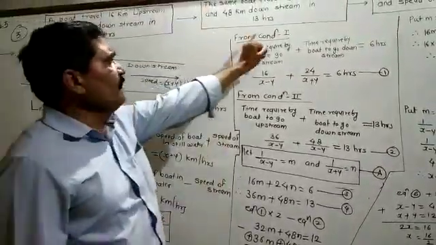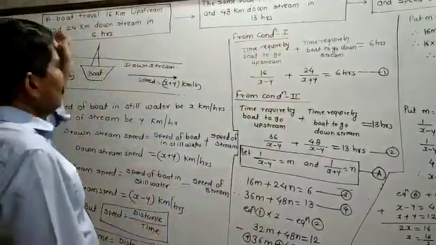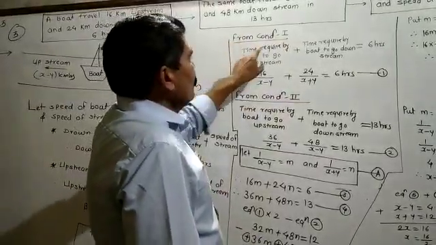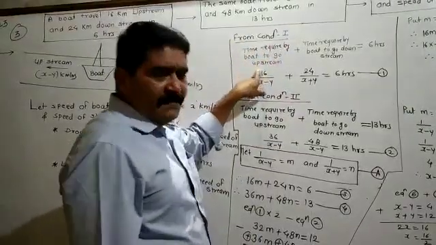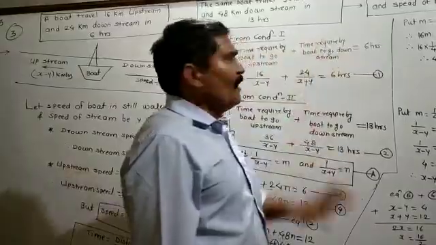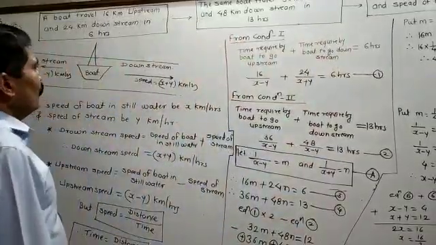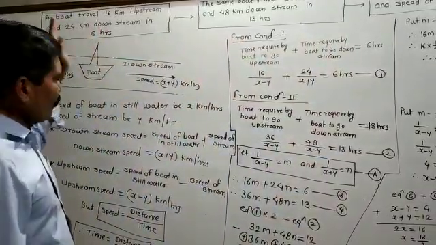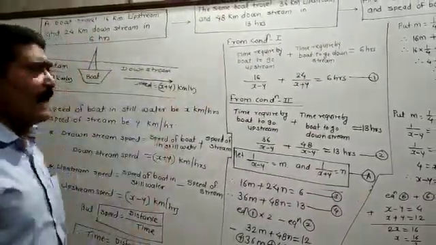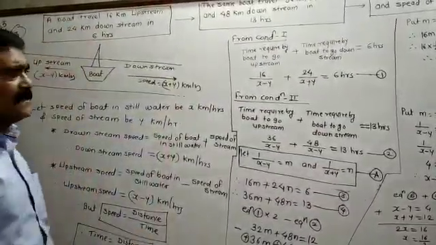What is the first condition? Condition first is the time required by the boat to go upstream plus time required by the boat to go downstream. For suppose this boat will go upstream and after that it will go downstream, and that requires 6 hours.